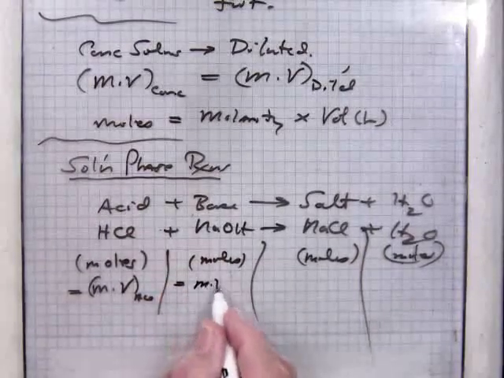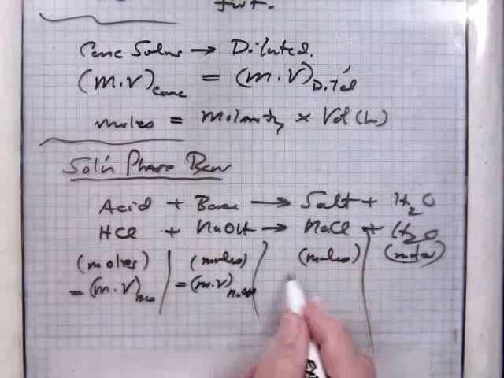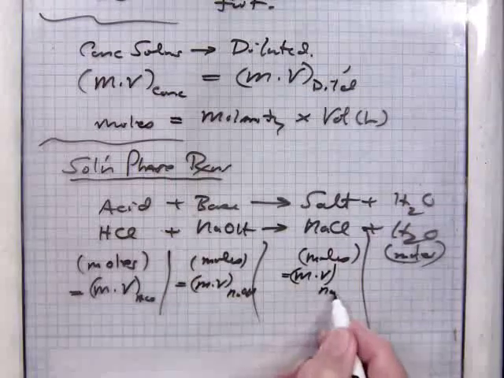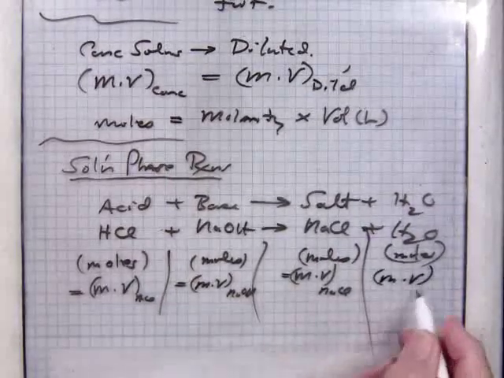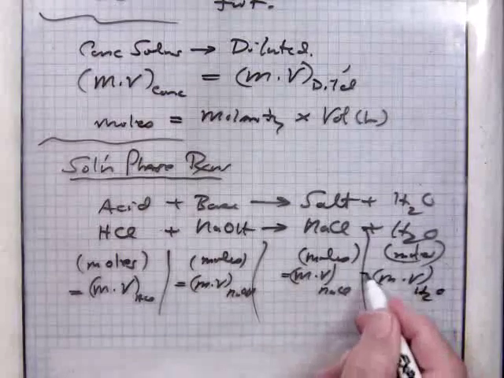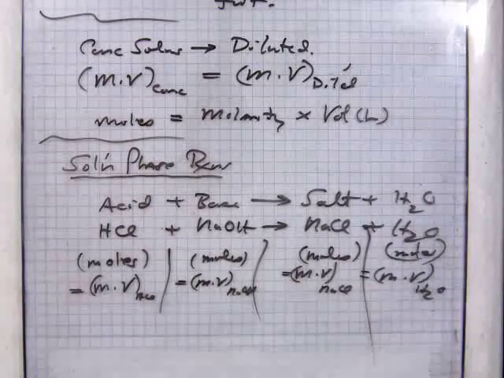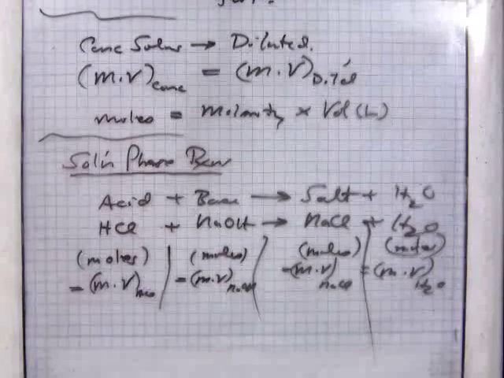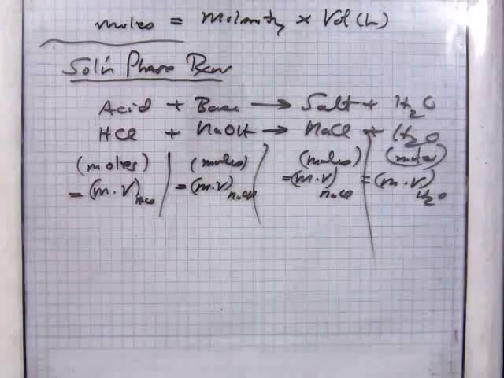Molarity times volume of the NaOH, and then you have also molarity times volume of the NaCl, and then you have molarity times volume of the H2O, because that's the definition of that.